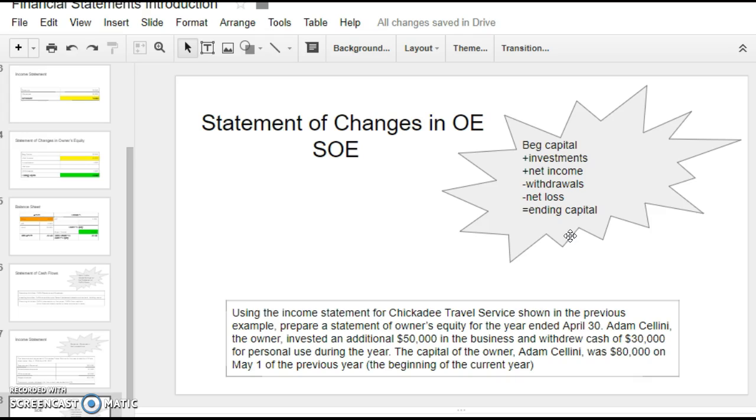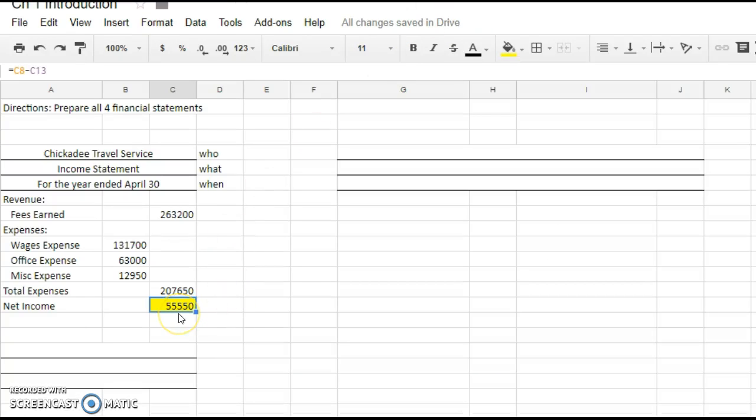From the beginning capital amount, we did transactions all year, and within that year he invested $50,000, and he also withdrew $30,000. Plus, we know that he had net income of $55,550. So the point of this next one is to figure out what is ending capital.